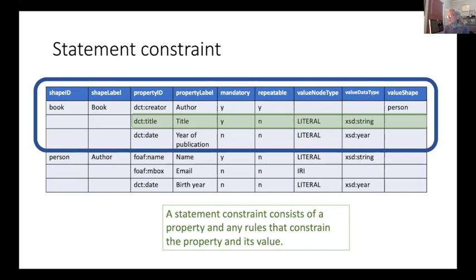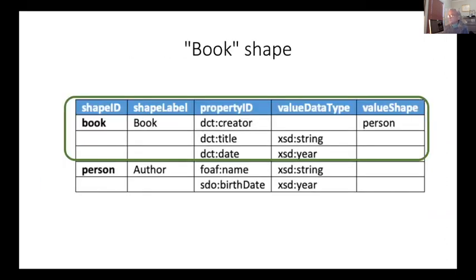A statement constraint is the property and all of the rules that relate to the property. And a group of statement constraints can be gathered together into a shape. And I think that most of you will have in your head the idea that you have entities and descriptions of entities. And this parallels that, just using some slightly different terminology.